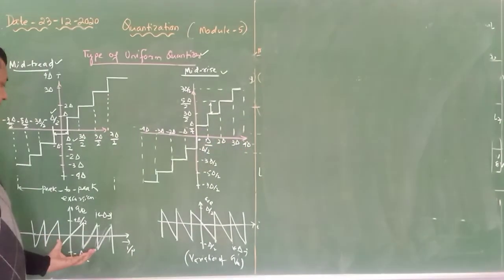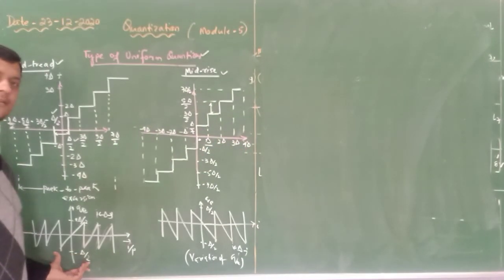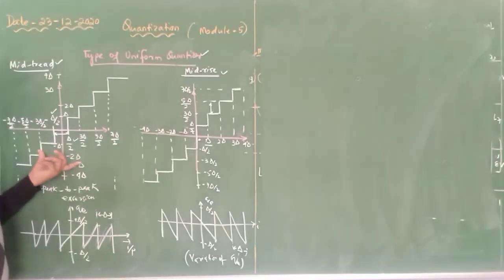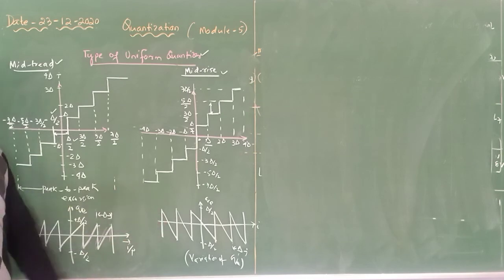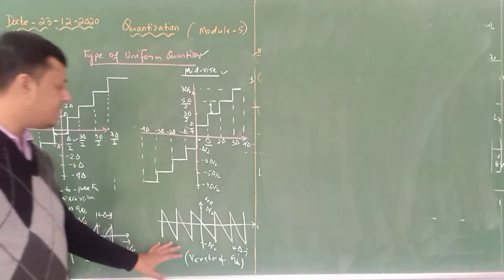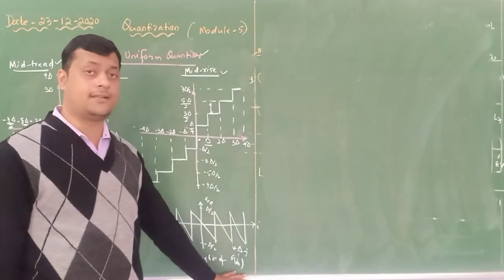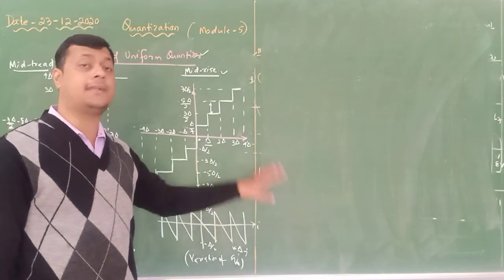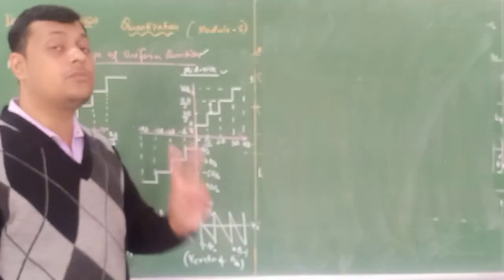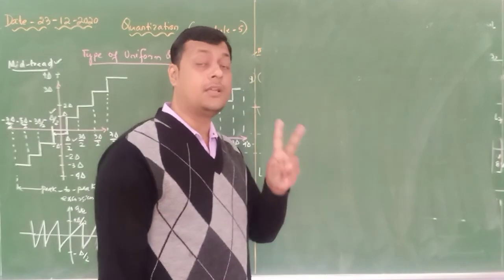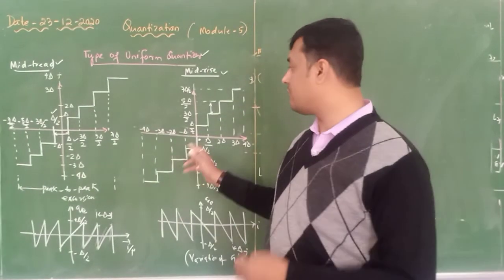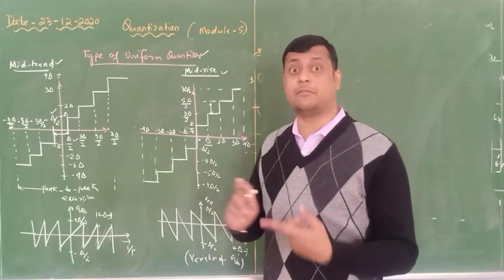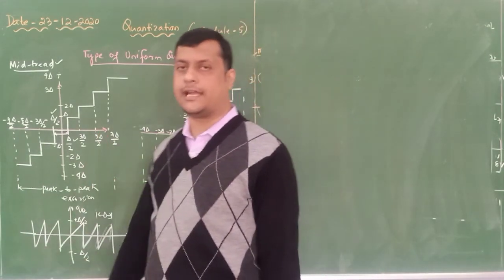So if we are considering the quantization component with respect to this mid-rise uniform, then it is just a replication of this particular uniform. So it is the representation of the variation of quantization error with respect to input, and these are the two transfer characteristics for uniform quantization. If it is mid-rise, follow these characteristics. If it is mid-tread, follow these particular characteristics.